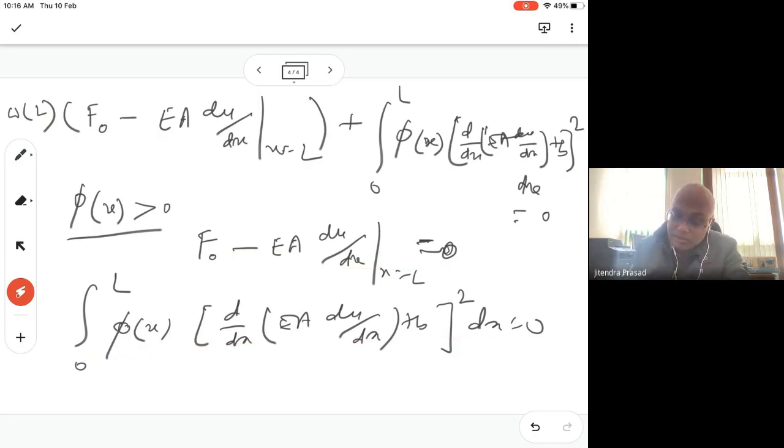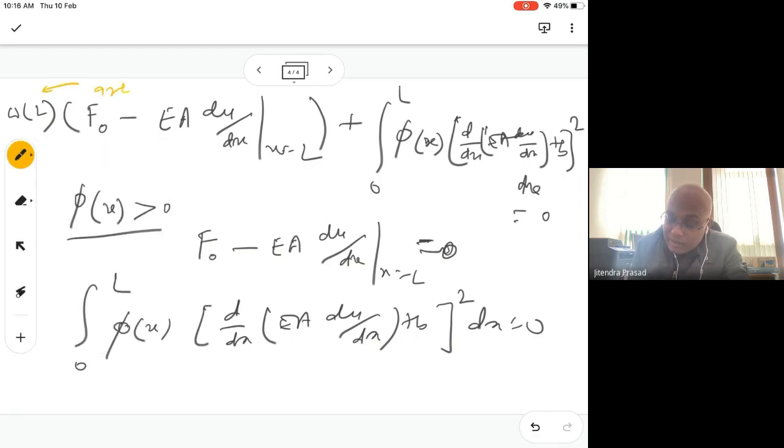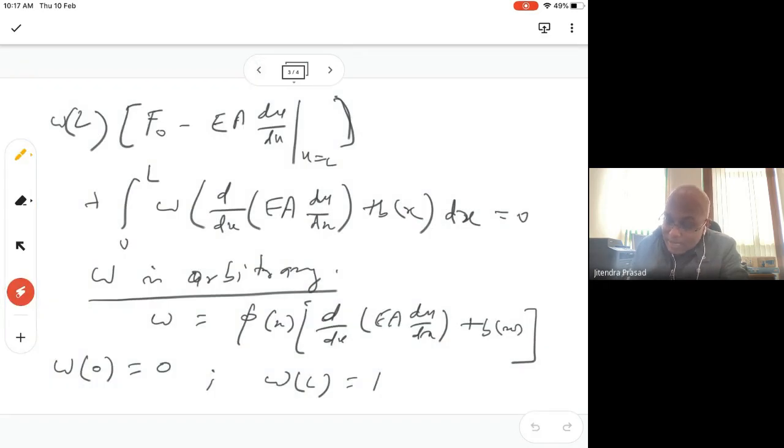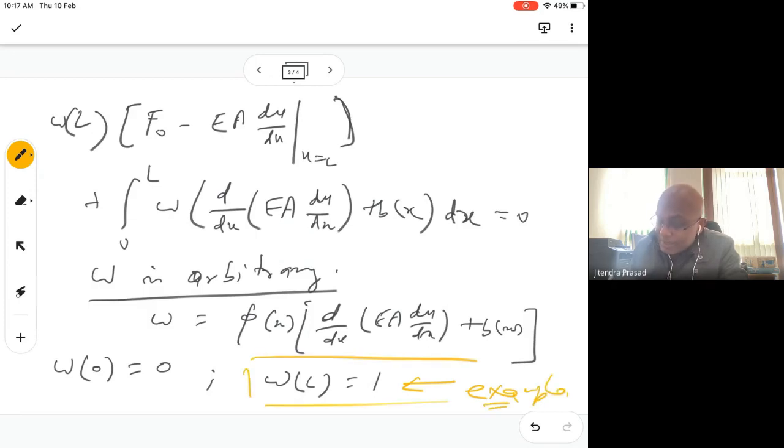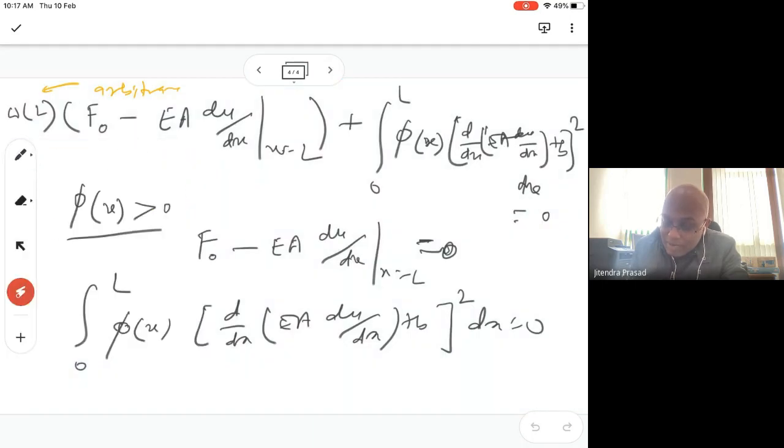So this is also arbitrary. The WL equal to 1 is just an example. But W is arbitrary, so W can have any value, and regardless of which W you have, this has to be true. Only when this also equals 0 does the whole thing equal 0.